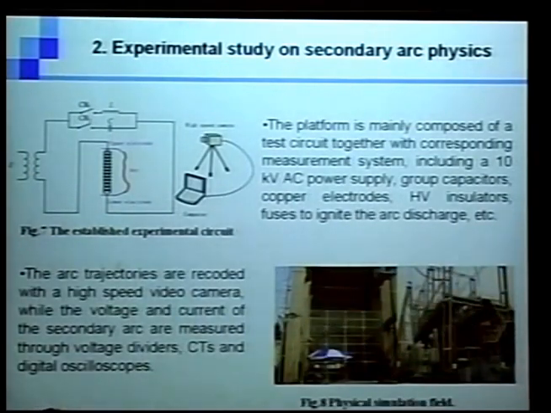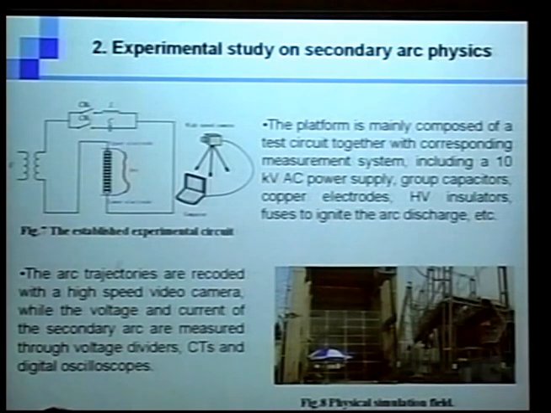Based on that simplification, we have established a test rig, which we call the test platform. It's mainly composed of a test circuit together with a corresponding measurement system, including a 10 kilowatt AC power supply to do the short circuit test directly with large current.